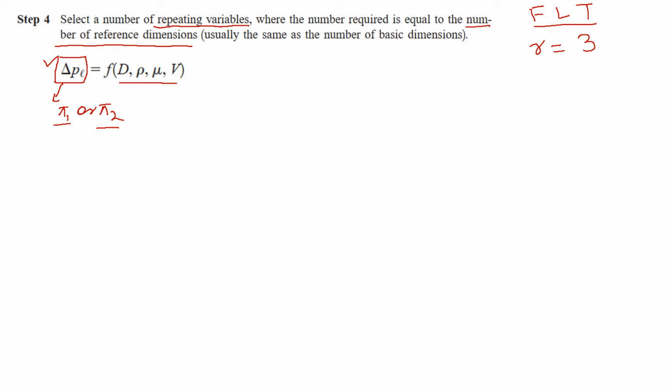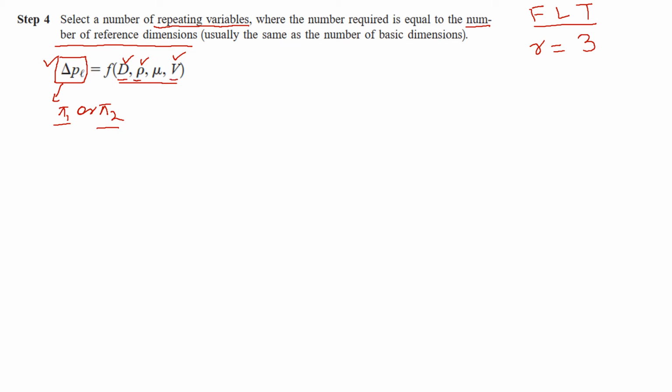For example, the dimension of diameter is length, which is relatively simple. The dimensions of velocity are meter per second, which is relatively simple. The dimensions of density are mass per unit volume, which is relatively simple. So I will select my 3 repeating variables as the diameter, density and velocity.